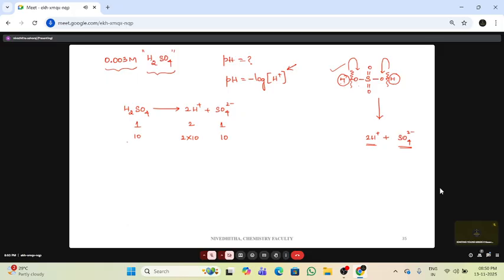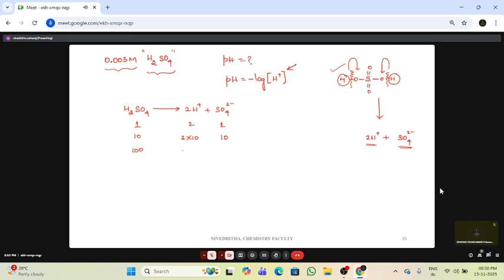Similarly, if you have 100 sulfuric acid molecules, how many H plus ions will we get and how many SO4 2 minus ions will we get? 200. Very good, brilliant.